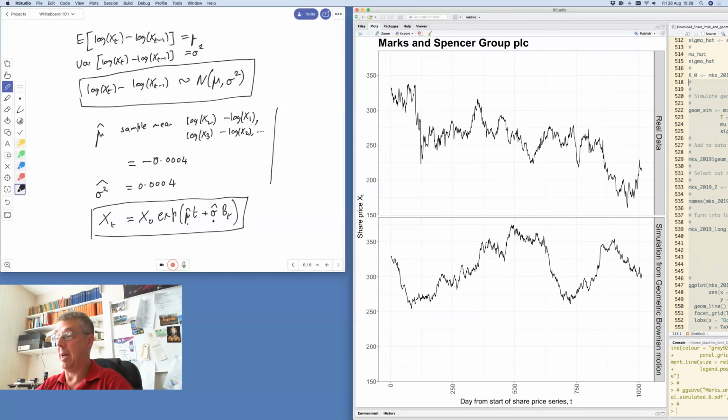So there's a third sample path from geometric Brownian motion. And again, it looks quite similar. Not exactly the same, of course, because it's a random process, but it looks quite similar to the Marks and Spencer share data.